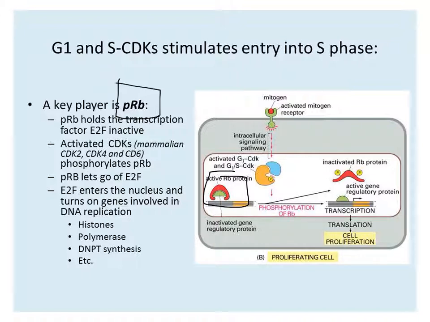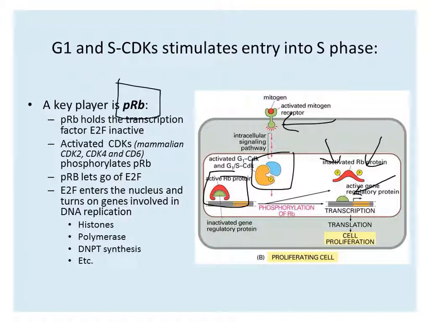When the CDK is active, which you can see in this active complex, it will phosphorylate pRB, and phosphorylated pRB leads to release of a transcription factor called E2F.